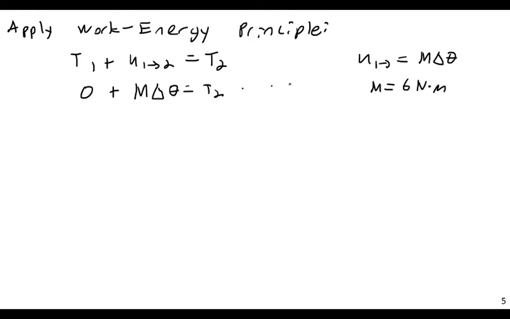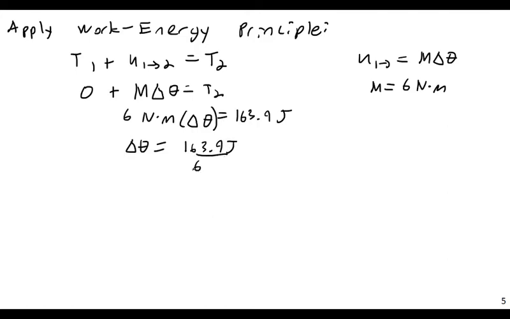M is 6 Newton meters times delta theta, which will be equal to our T2, which again is 163.9 joules. Delta theta is going to be 163.9 joules divided by 6 Newton meters, which comes to 27.32 radians.